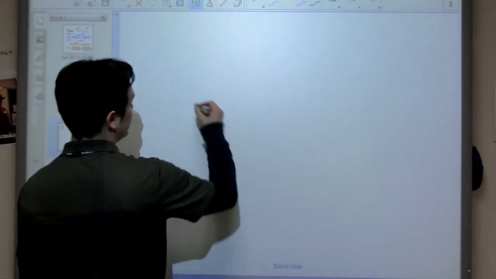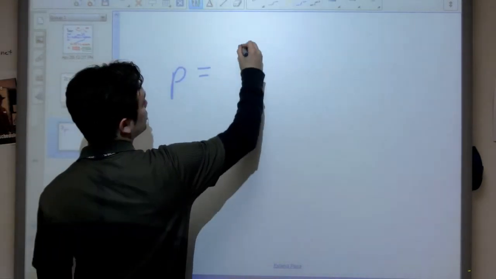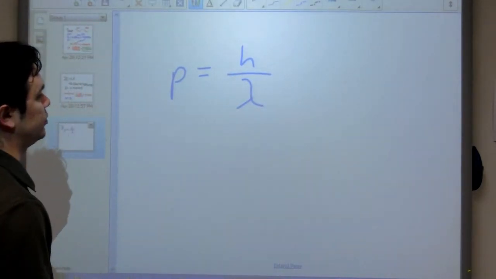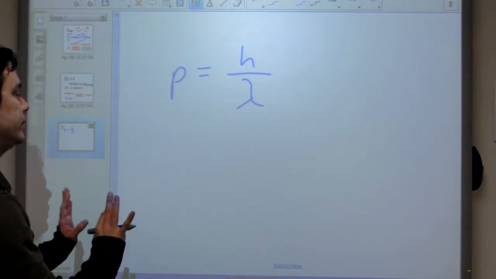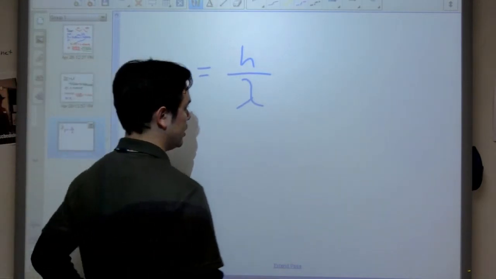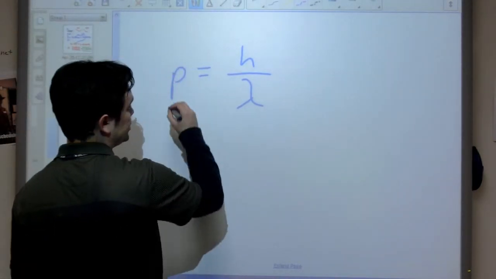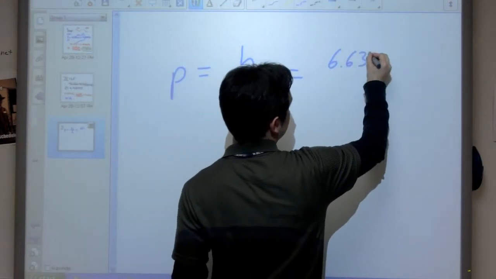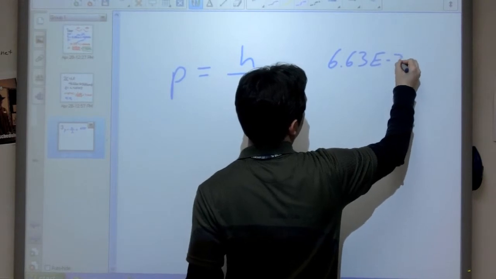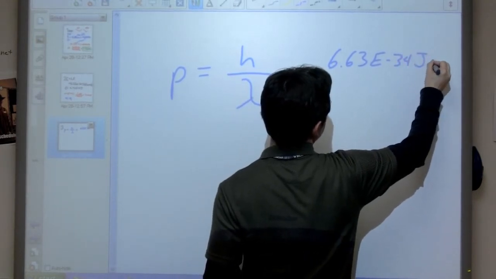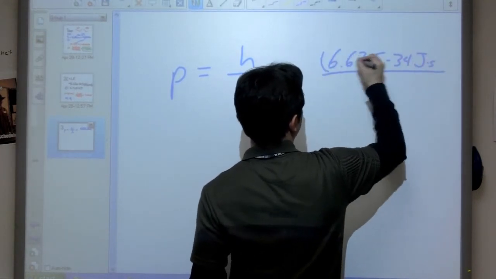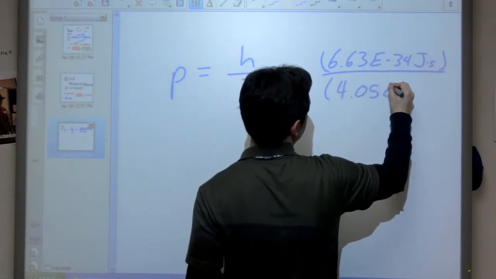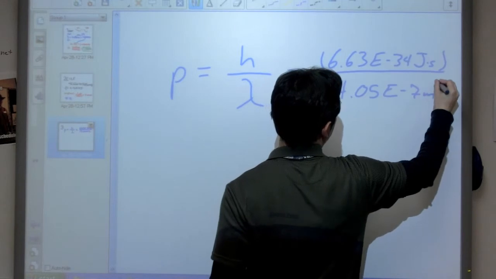The equation that we got in class was p equals h divided by lambda, though the more standard physics approach is p equals h bar k, but I'm going to keep things simple. So, I want to find out the momentum of the light. Well, I can plug in Planck's constant, which is 6.63 times 10 to the negative 34th joule seconds, divided by my wavelength, which was 4.05 times 10 to the negative 7th meters.